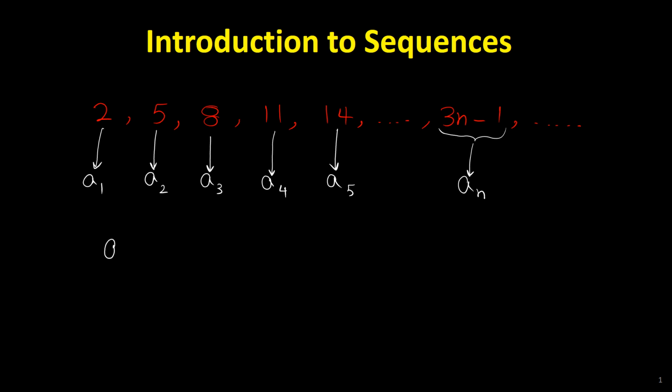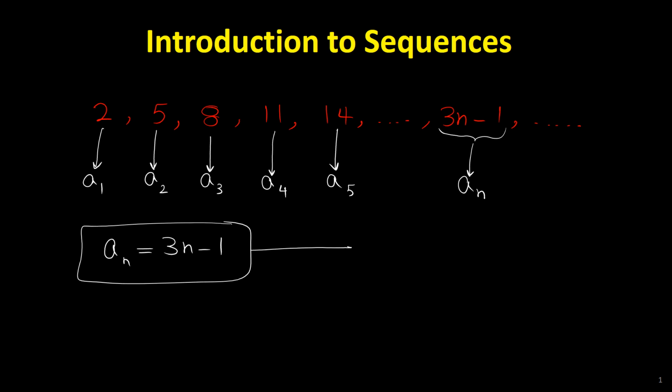The nth term or general term of a sequence is a formula that we can use to find any term of that sequence. So with this formula, we can find all the terms of this sequence.